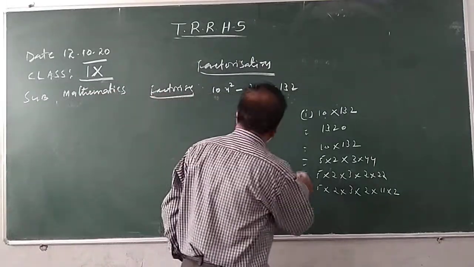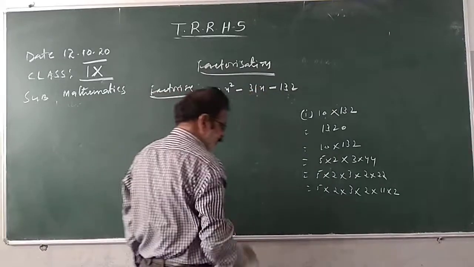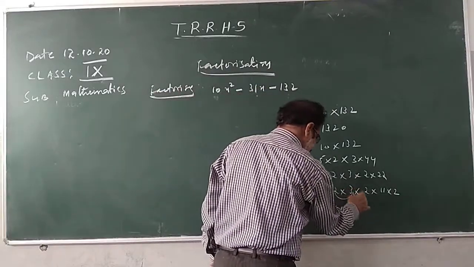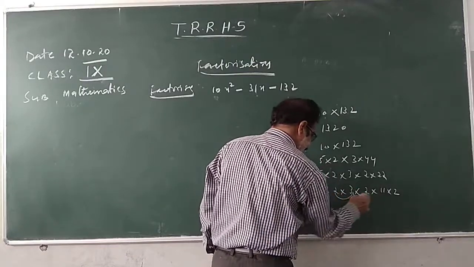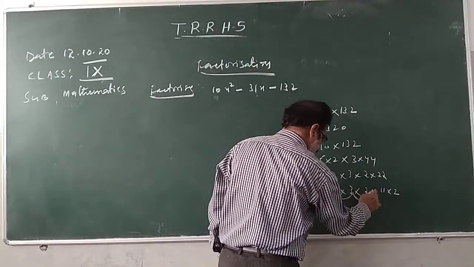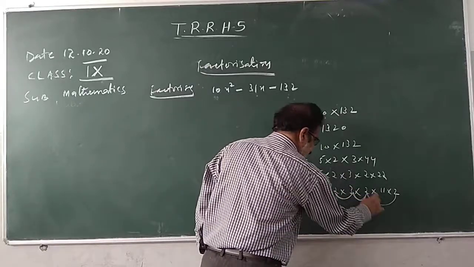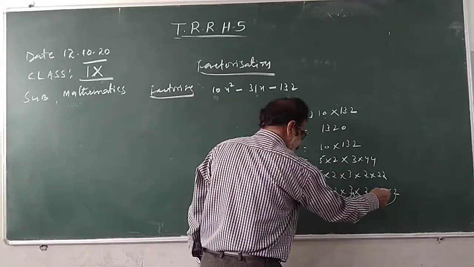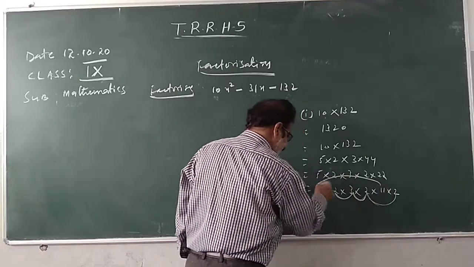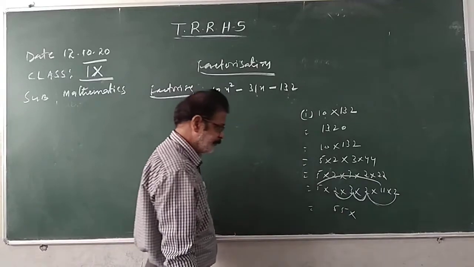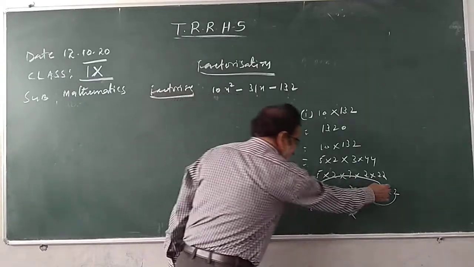Now multiply them so that the difference or sum should be 31. 2 threes are 6, 6 twos are 12, 12 twos are 24. 11 fives are 55.